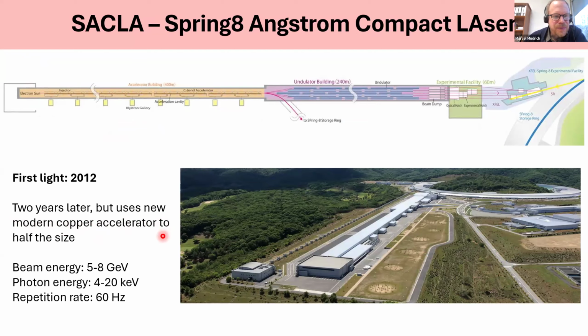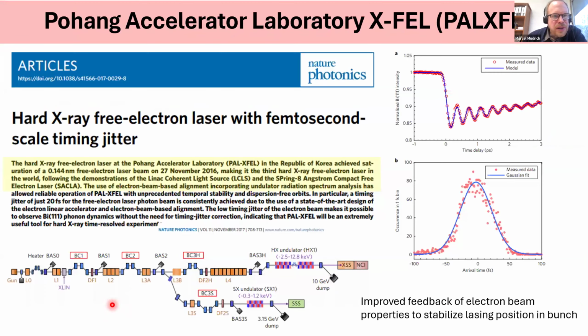But as far as I know, the beam properties in terms of beam energy and photon energy range are quite comparable to LCLS. Okay, the rep rate is 60 Hertz, LCLS goes up to 120 Hertz, and nowadays even higher. There is another more recent free electron laser facility, which is called the PAL-XFEL.